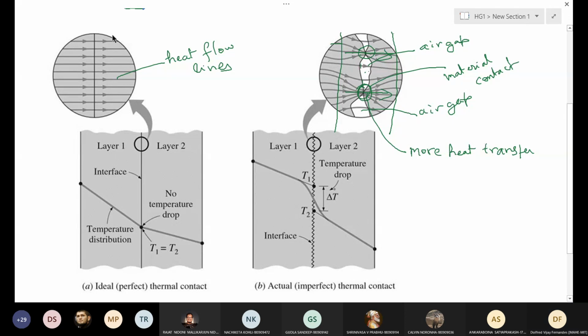Okay, but for the entire surface, whatever heat conduction comes through the first wall and heat conduction in the second wall, they are the same, right? At steady state, Q conduction.